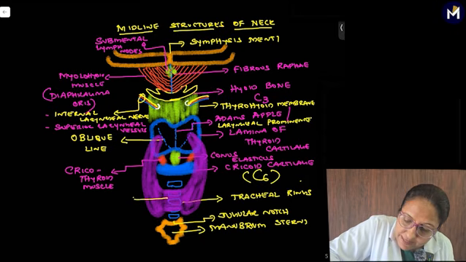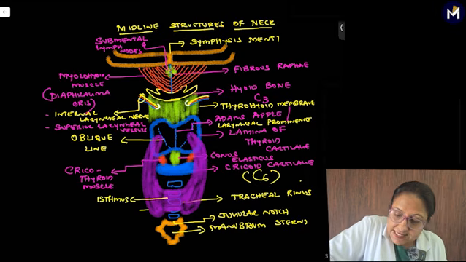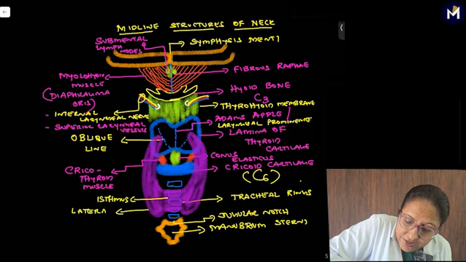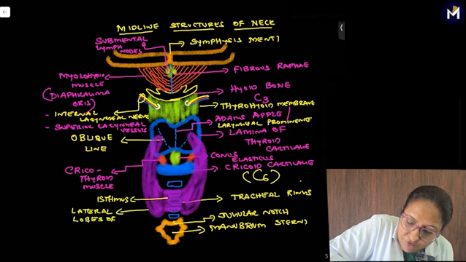So let us label this as isthmus, and these are the lateral lobes. Lateral lobes of thyroid gland.